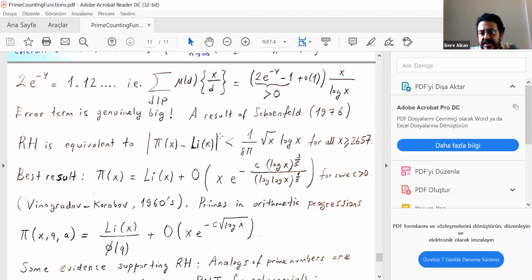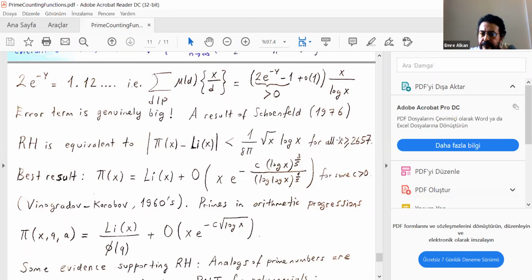You see how precise it is. The error is less than 1/(8 pi) times the square root of x times log of x. This is a little bit bigger than the square root of x, so even the Riemann hypothesis cannot give you a smaller control on the error. There is still a deficiency, as you can see.